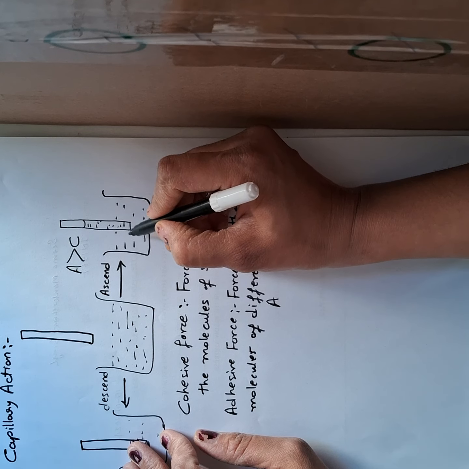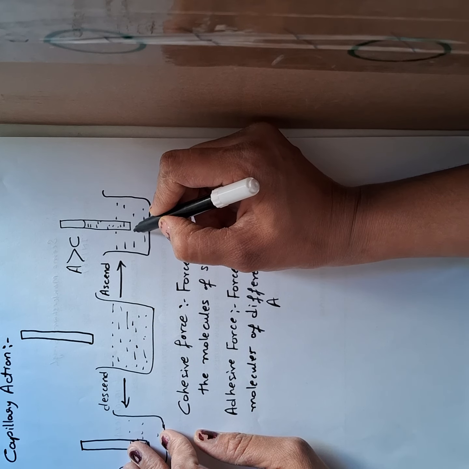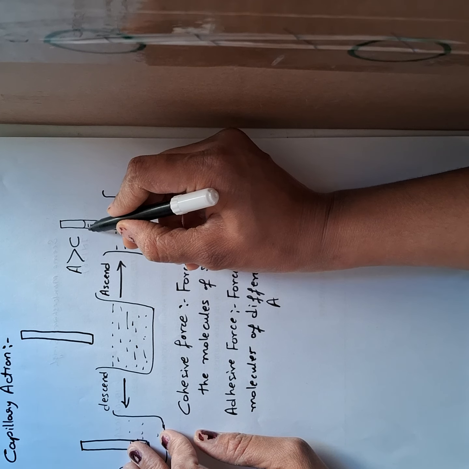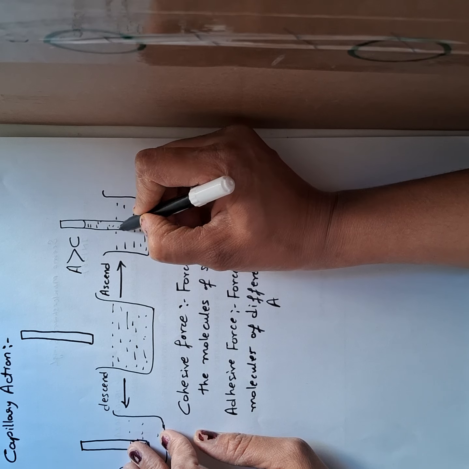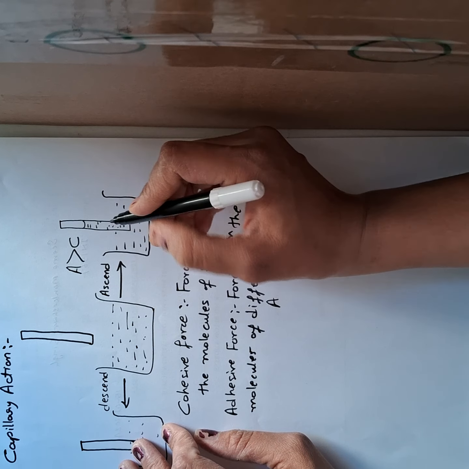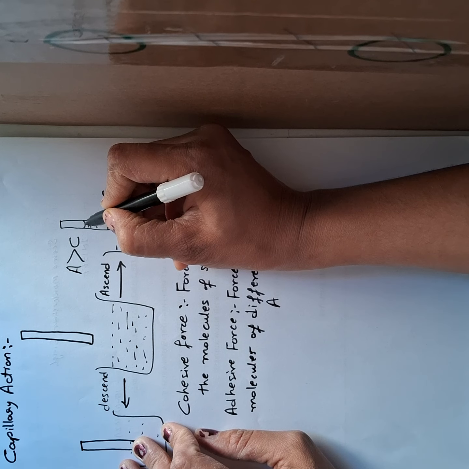Why? Because there is a stronger force between the molecules of liquid and the molecules on the surface of the capillary. So if this adhesive force is more, the liquid will rise in the capillary.